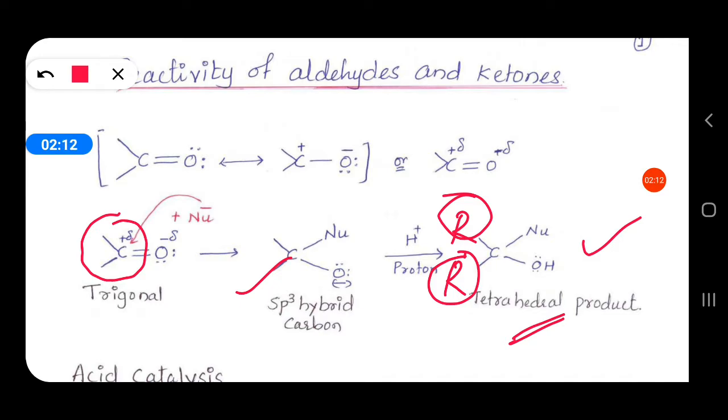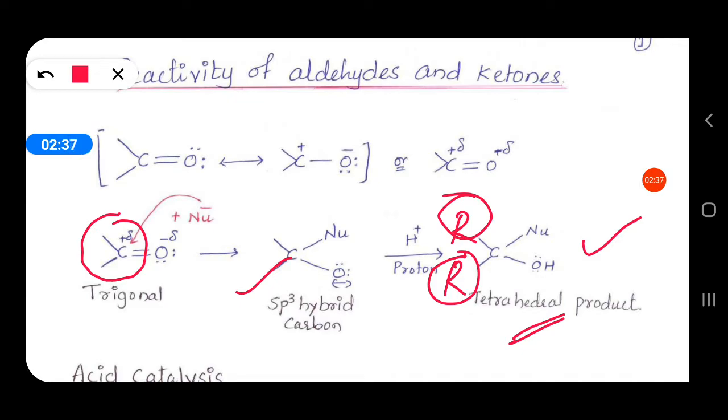When R and R dash groups are bulkier groups in the carbonyl compound, the steric hindrance is greater. Steric hindrance means if two bulkier groups are very near to each other, there is some repulsion force, and it is called steric hindrance.